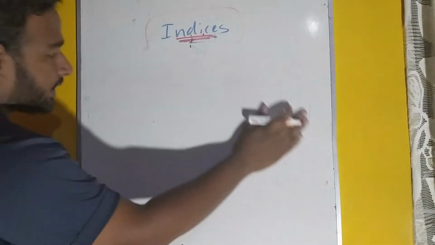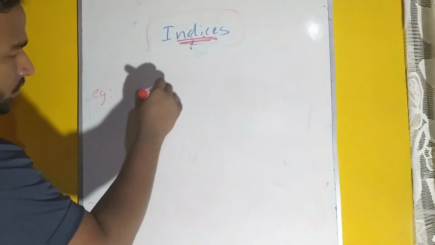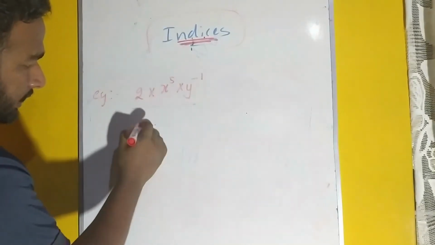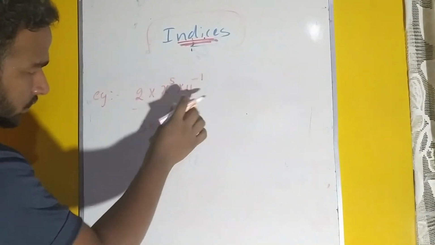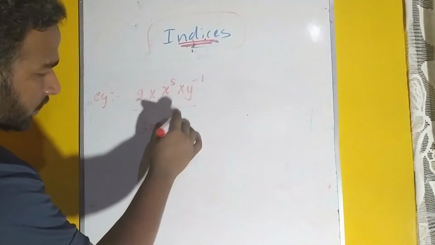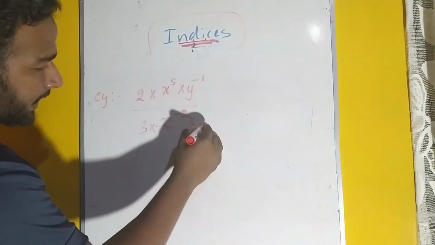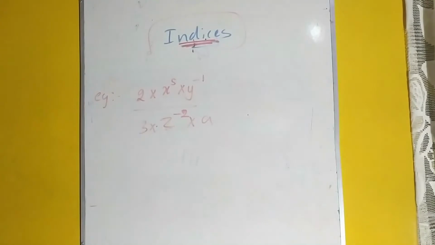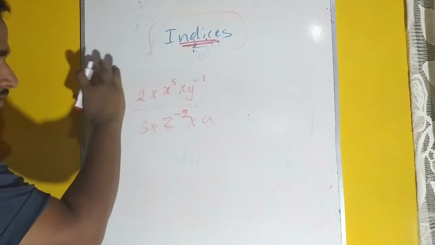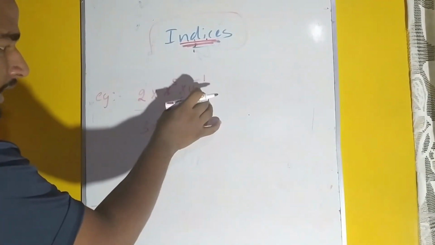Okay guys, I am taking another example. See this example: 2 into x to the power 5 into y to the power minus 1, over 3 into x to the power 3 into z to the power minus 2 into a. In the numerator, the power of x is not negative, but the power of y is negative.